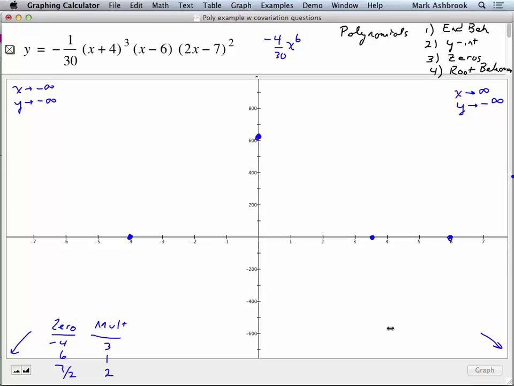So the first thing is this is going down over here, so it's going to come from that root. Will it go straight through, or parabola, or cubic behavior? Parabola? No, this is our 6. Straight through. It goes straight through, okay? And then what happens at 3.5?